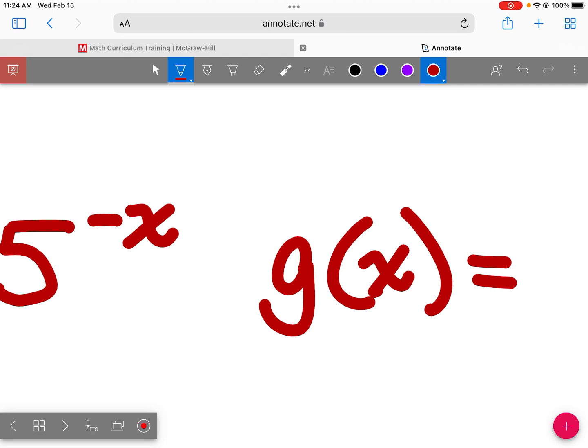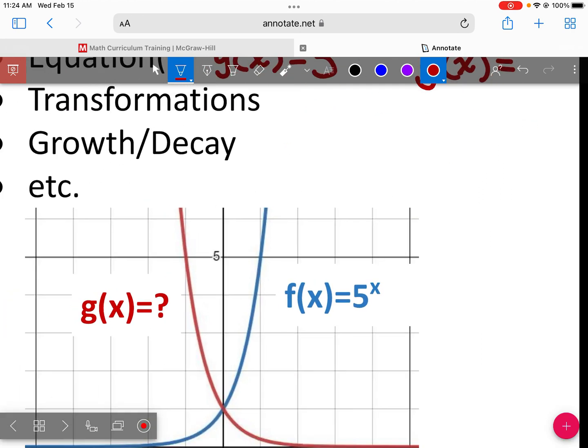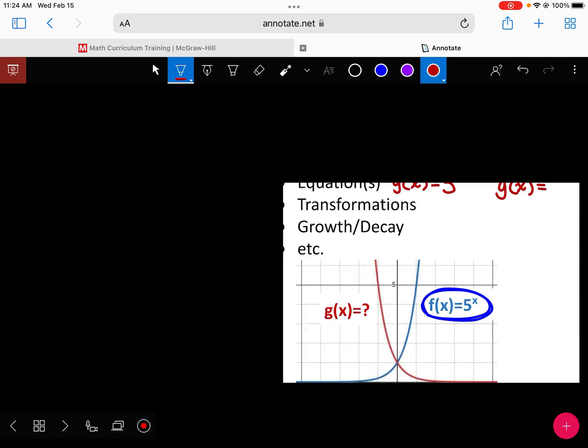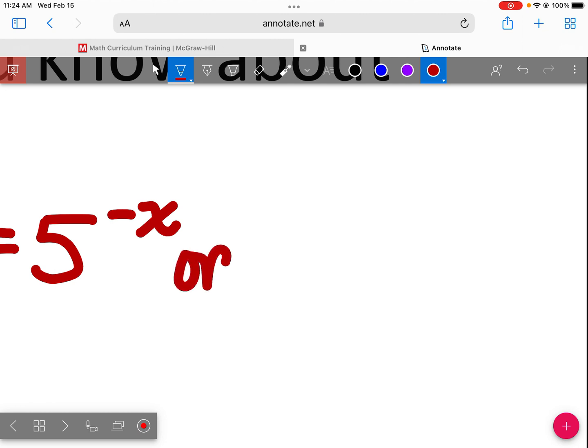How else could I write that equation so that it would still describe the exact same graph, but it looks different? Not a y equals. I'm still writing an equation for g of x. Here's my f of x. I'm still writing an equation for g of x, but what comes after the equal sign is going to look slightly different.